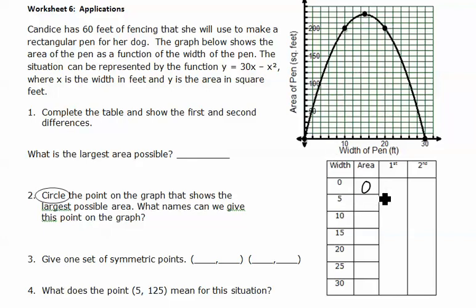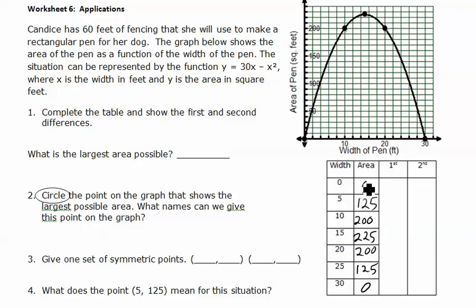So 5 is at 125, 10 is at 200, 15 is at 225, 20 is at 200, 25 is at 125, and 30 is back at 0.